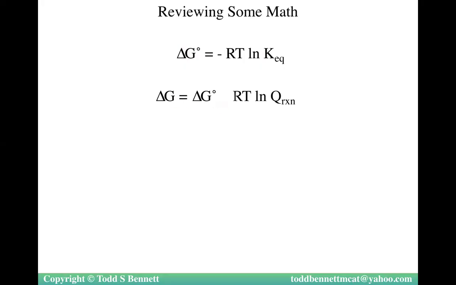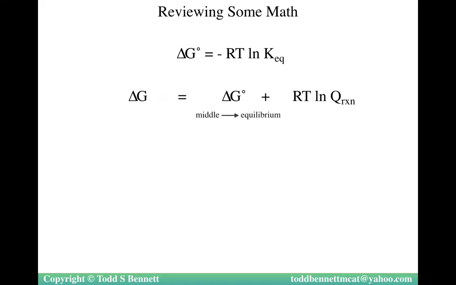So if you think of this, it's more like the overall reaction from start to finish is from the middle. I'm going to call the middle where you have 1 molar of everything. So the middle of equilibrium is this delta G naught. If we go to the middle, then Q would equal 1, and log 1 is 0, so that would cancel. So it's only what you have at the start.